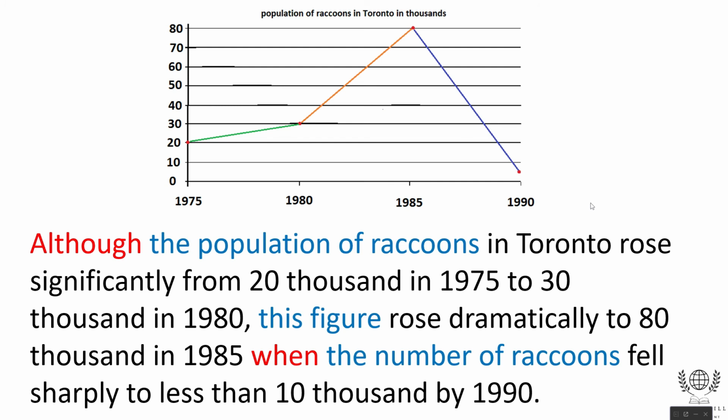But after using when, right, we can paraphrase, we can still say this number or this number of raccoons because we're speaking about the same subject. So always remember, if you start a sentence with although to describe trends in academic writing task 1, make sure to articulate the full subject of the sentence.